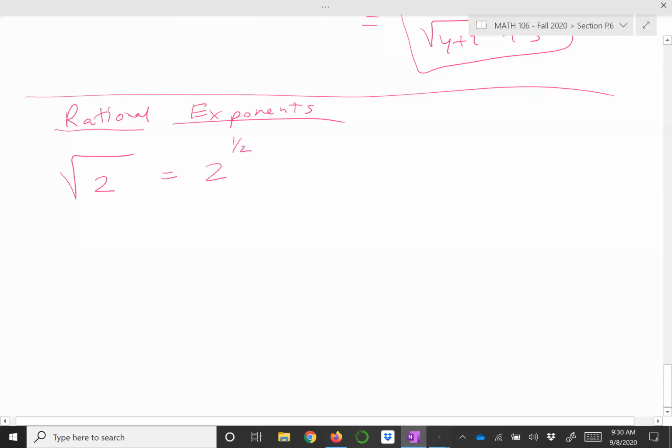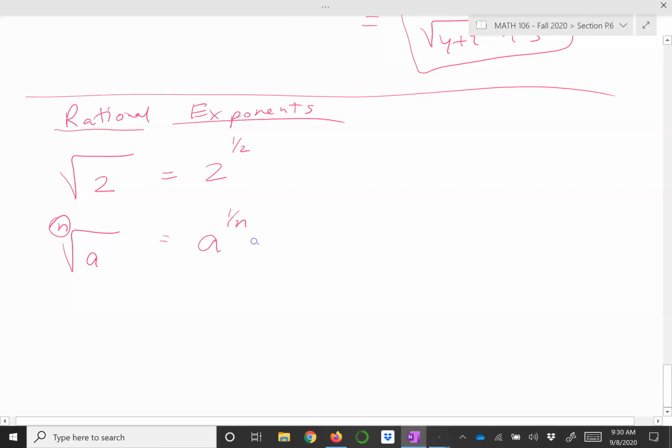So exponents and radicals are linked, right? They're essentially the same thing, and it's just a different way to express it. Now, generally speaking, if you had the square root of a, but let's not call it a square root, let's call it the nth root, that would be a to the 1 over n. So this is the big thing to remember. When you're changing them to exponents, whatever this n is goes in the denominator of the fractional exponent.